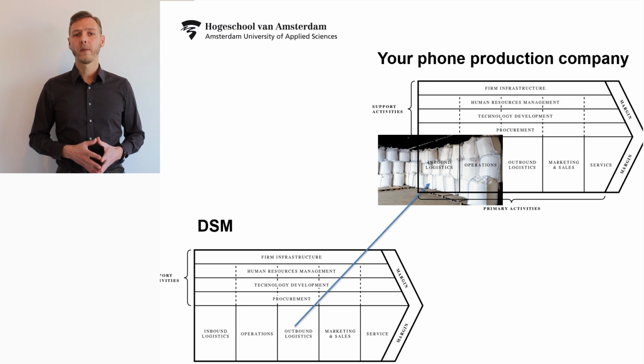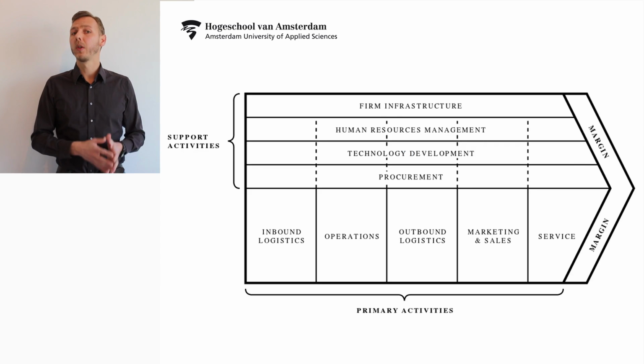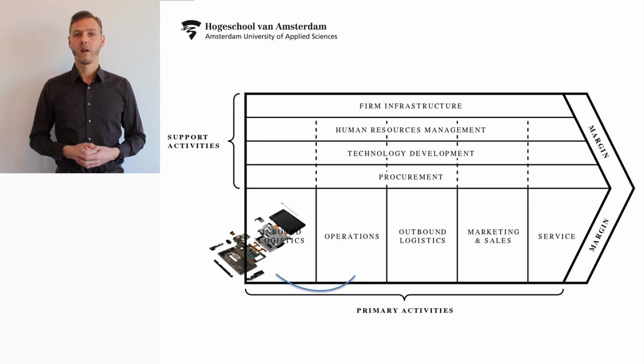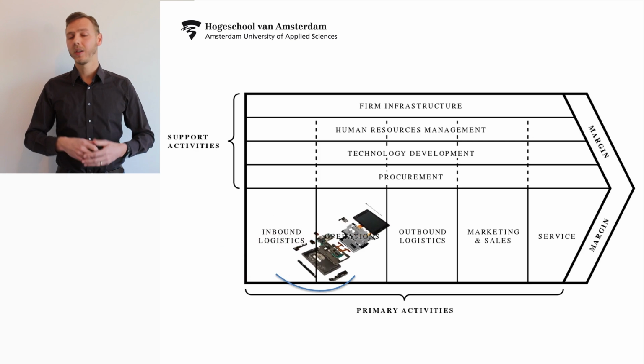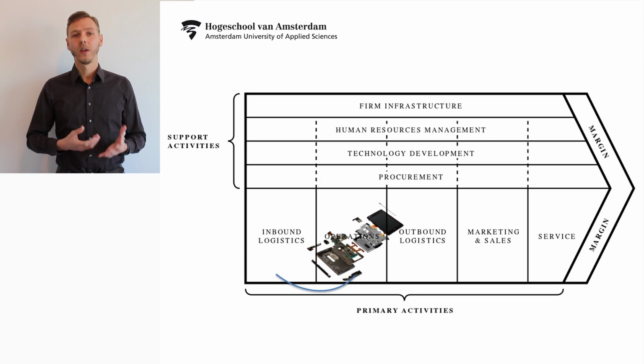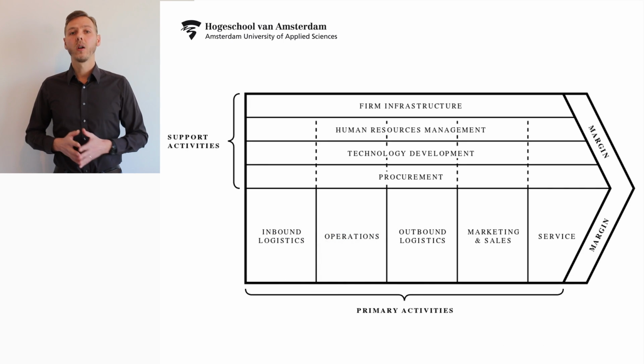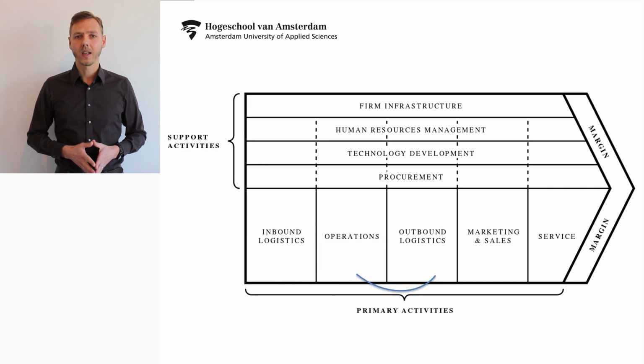So you receive the products in your inbound logistics, and you go to the next one, which is operations. You start manufacturing your phone. Maybe you make the cases, you make the internal technology, etc., and then you have a certain product. Then it will go to the outbound logistics.